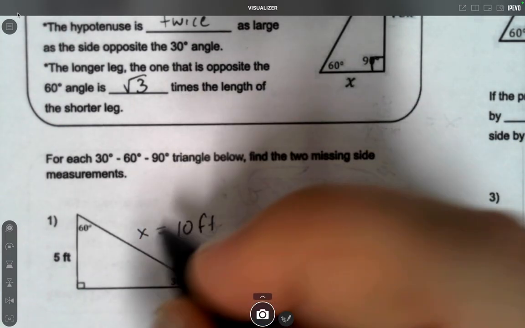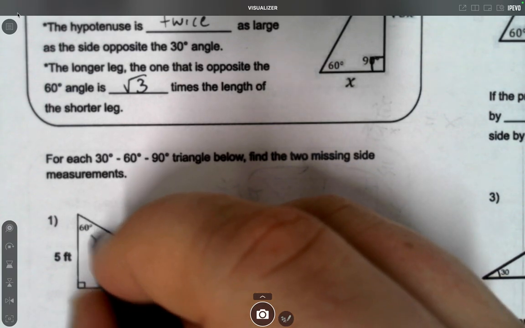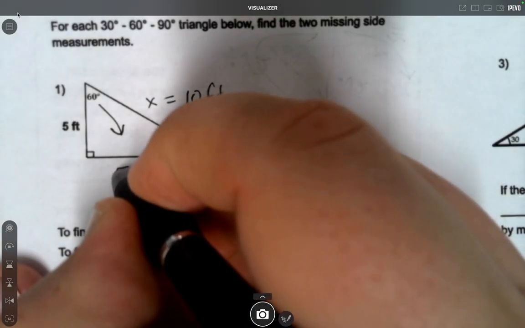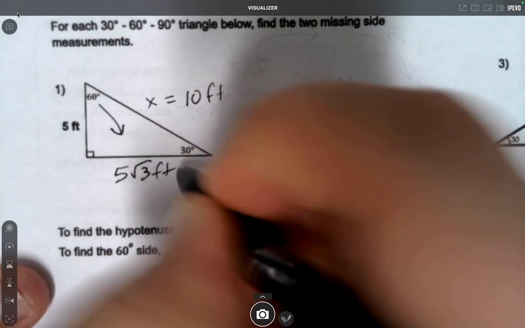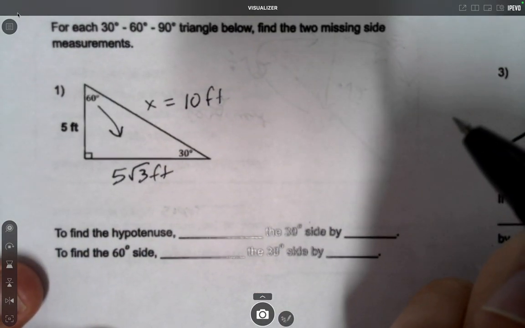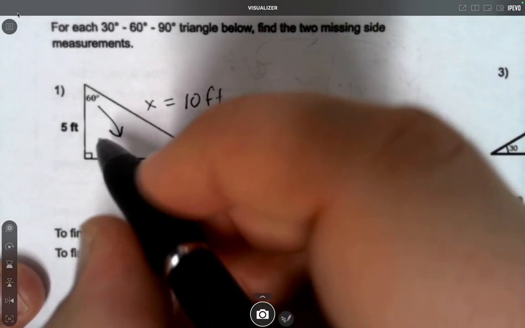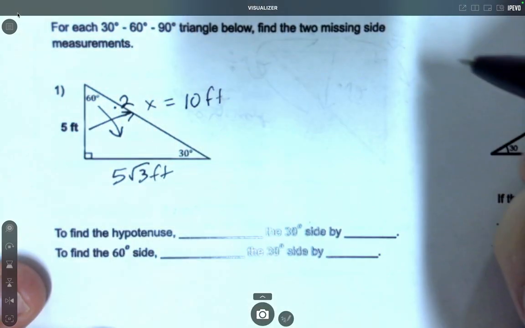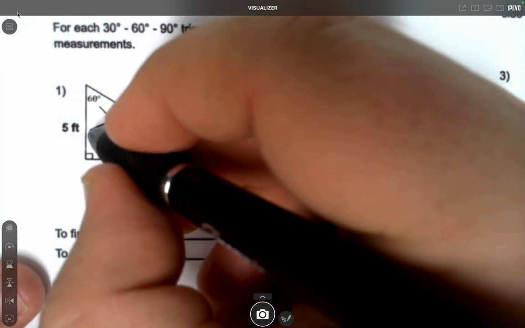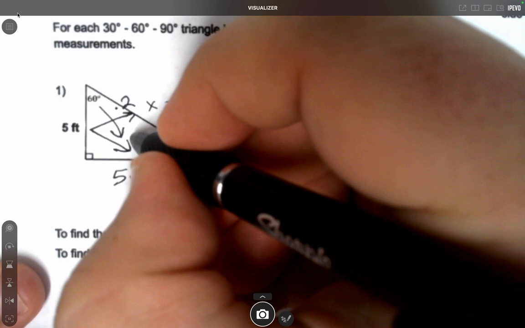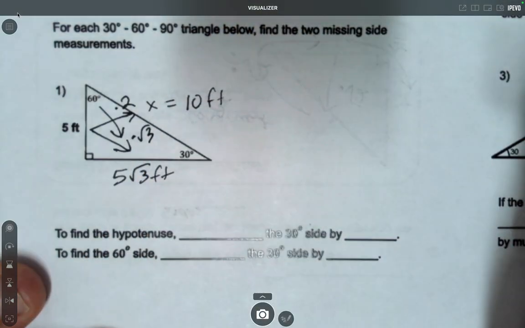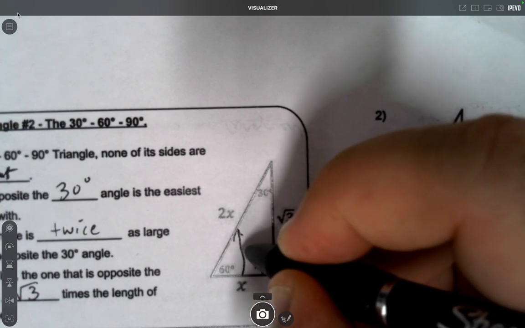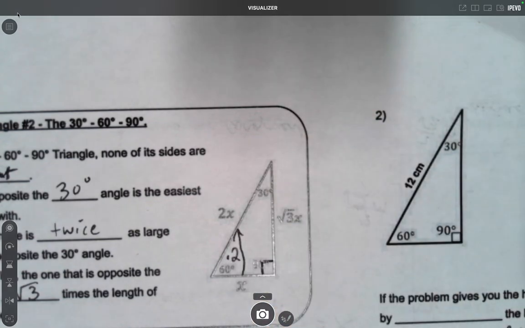The longer leg, the one opposite the 60 degrees, is the square root of 3 times that, so it's 5 times the square root of 3 feet. So to go from the 30 to the hypotenuse, we multiply by 2. To go from the 30 degree side to the 60 degree side, we multiply by the square root of 3. So let's mark that up here. To go from here to here, we multiply by 2.